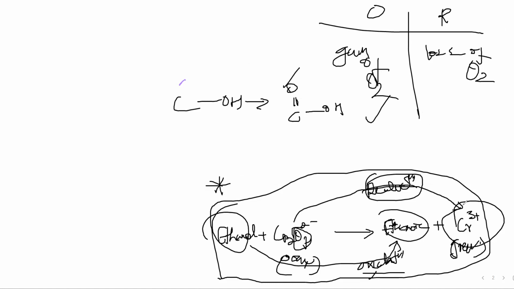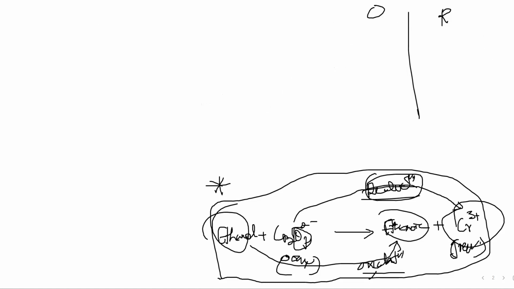Now do I have oxygen on this side, in chromium? No, chromium has lost oxygen. So that's reduction. Clear? You can read it like that also. And then write the oxidizing agent here is potassium dichromate.